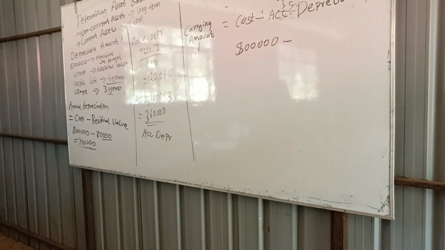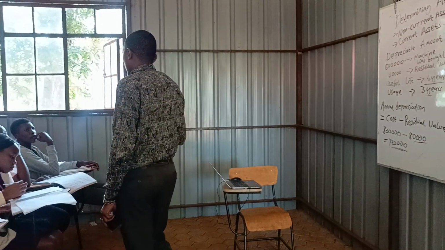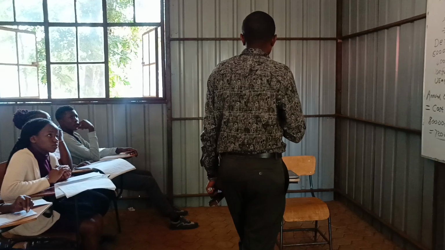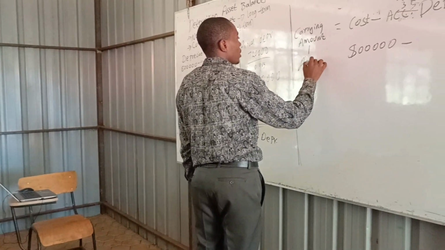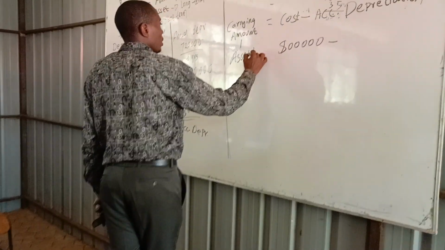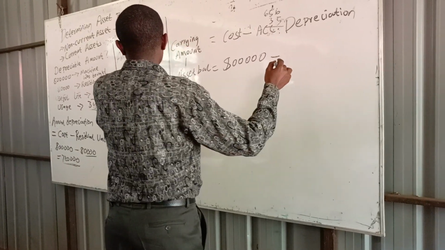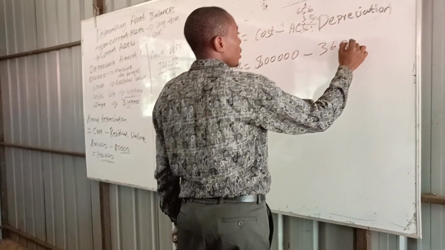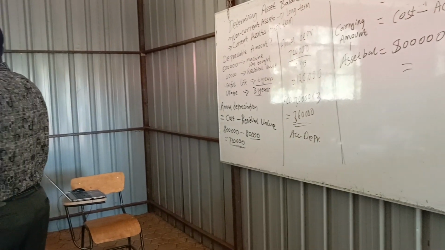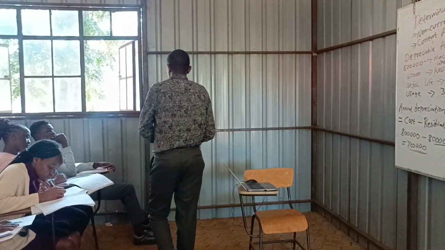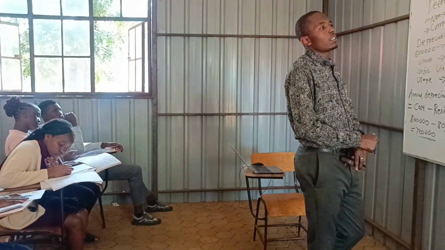You have seen that in the question that we did in the last class in the morning. Now the asset balance or the carrying amount will be 800,000 minus the accumulated depreciation of how much? 360,000. So how much is this? 800,000 minus 360,000 is 440,000.